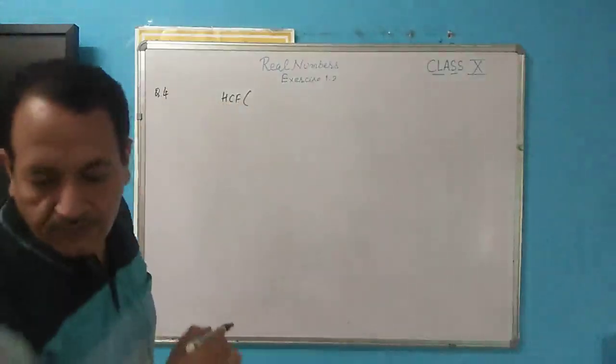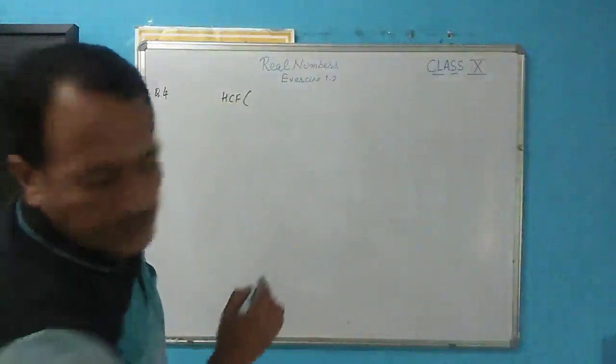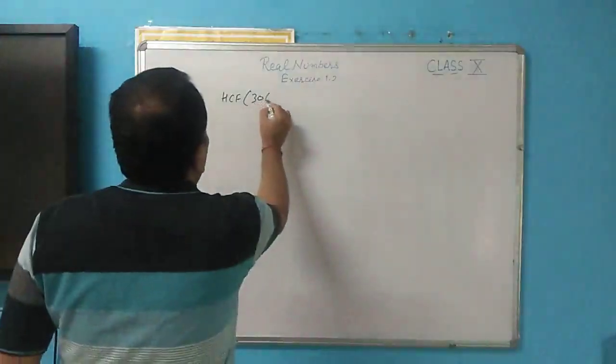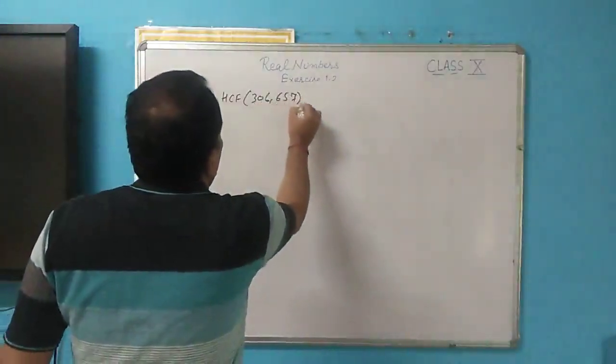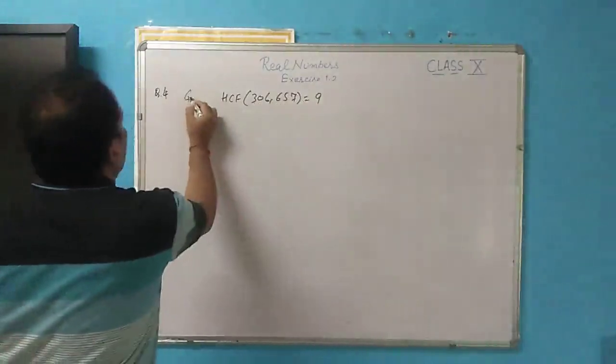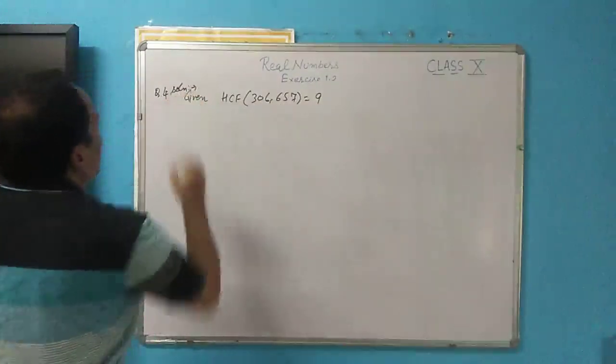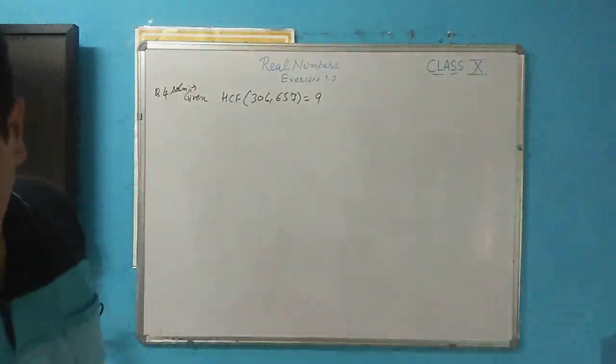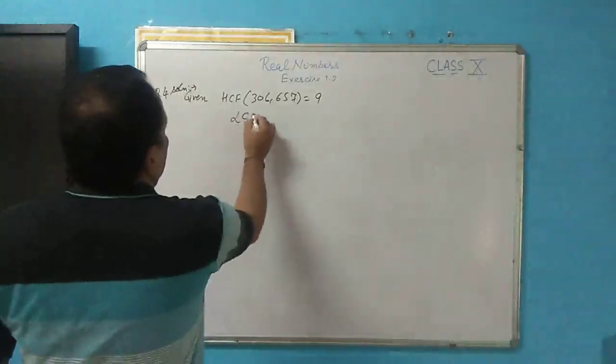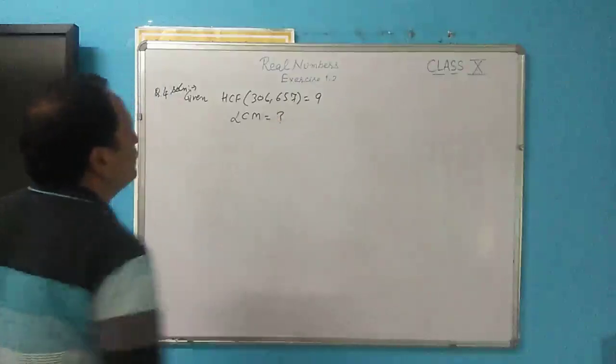HCF of two numbers is equal to 9. So given HCF is 9, we have to find out the LCM.